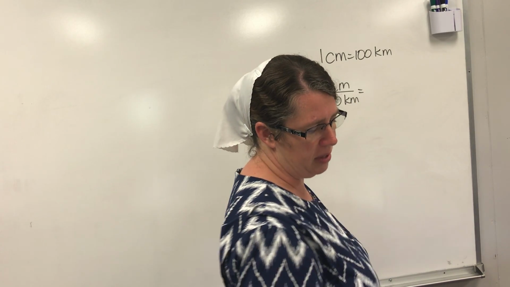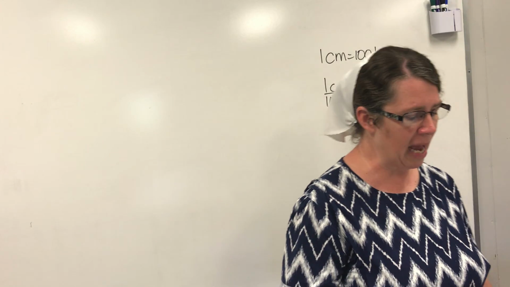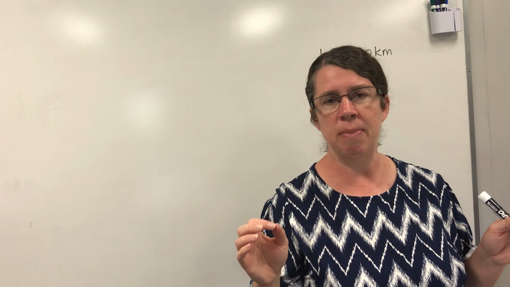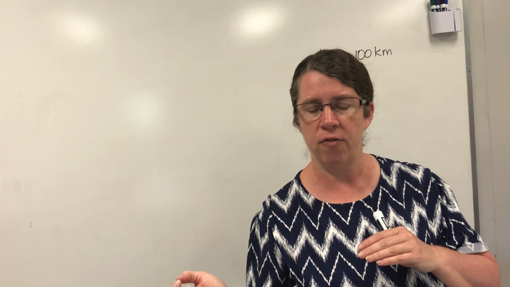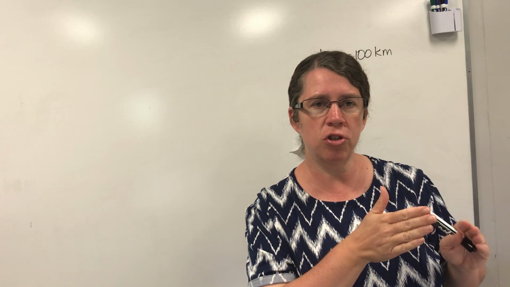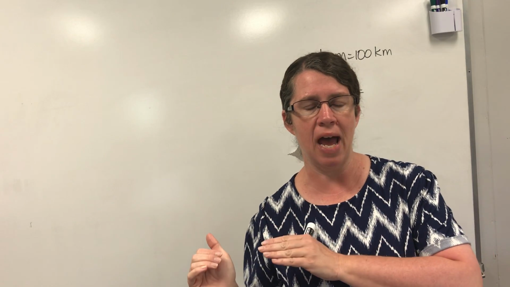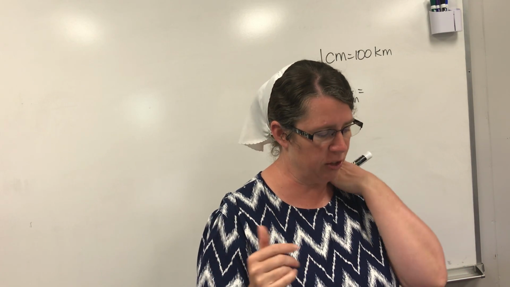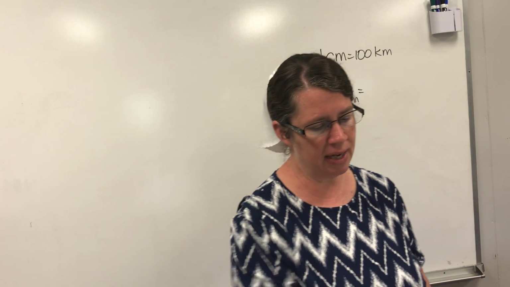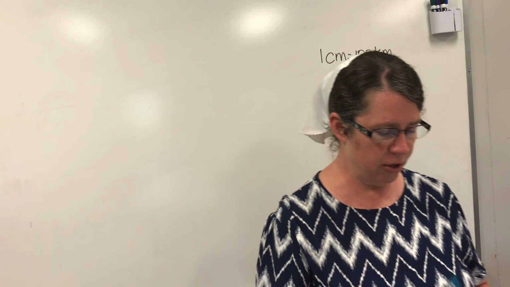Our first problem says, measure to the nearest half centimeter. So sometimes when you measure, it's probably going to be maybe in between 3 and 1/2. Go to the closest half. If it's closer to 3, use 3. If it's closer to 1/2, use 3 1/2. That's what they're telling you. So measure from Edmonton to Calgary. Take your ruler and do your measuring.